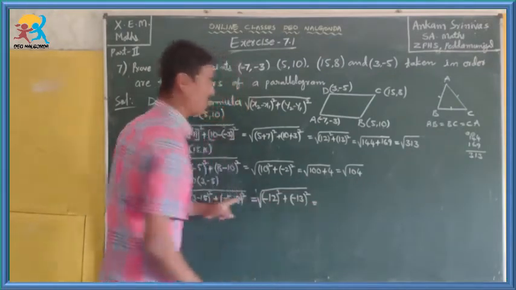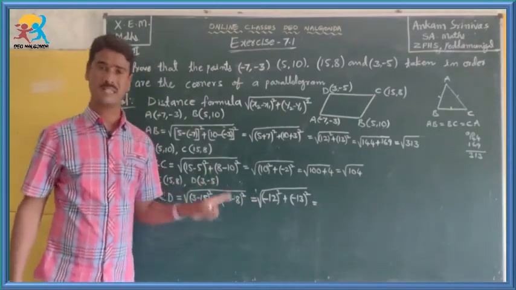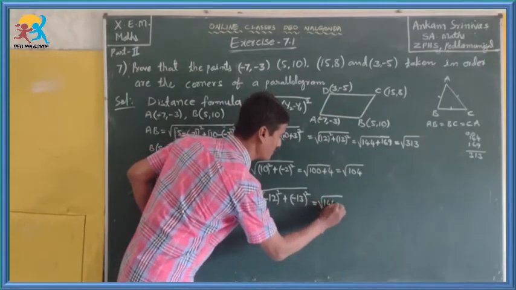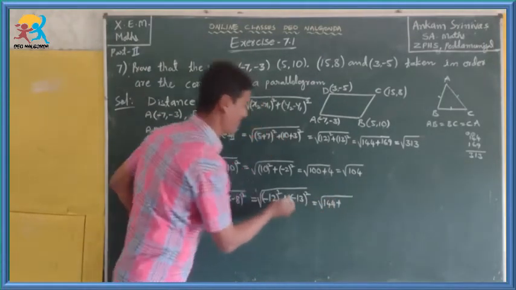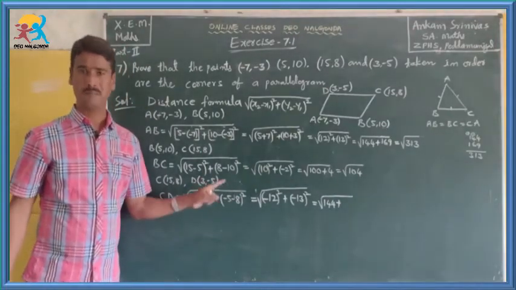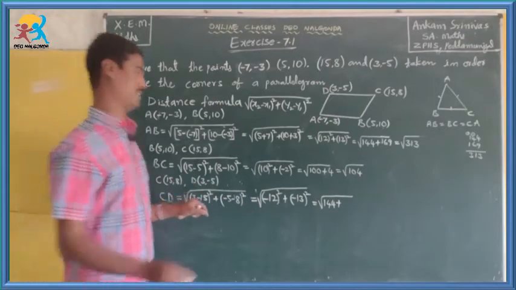Minus 12 into minus 12, minus into minus is plus, 12 twelves are 144, plus minus 13 whole square. Minus 13 into minus 13 is 13 into 13, how much? 169.